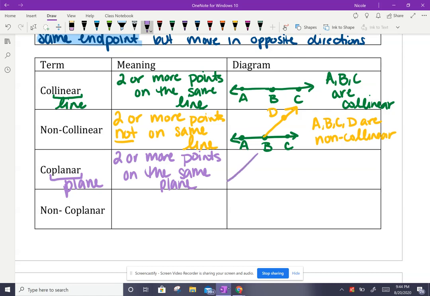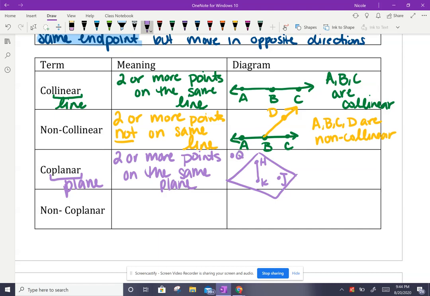So I can have a plane over here and points H, K, and those are going to be connected, and point J. Then I could also have a point out to the side over here. Maybe it's floating in a plane above or below.